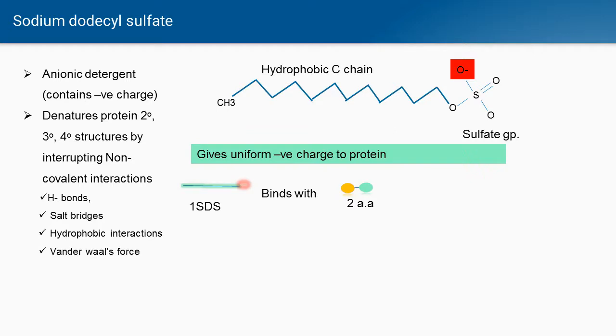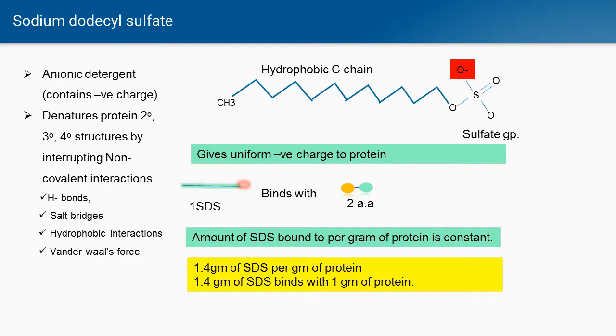So one SDS binds with two amino acids, and the amount of SDS bound per gram of protein is constant, which is 1.4 gram of SDS per gram of protein. It means 1.4 gram of SDS binds with 1 gram of protein.